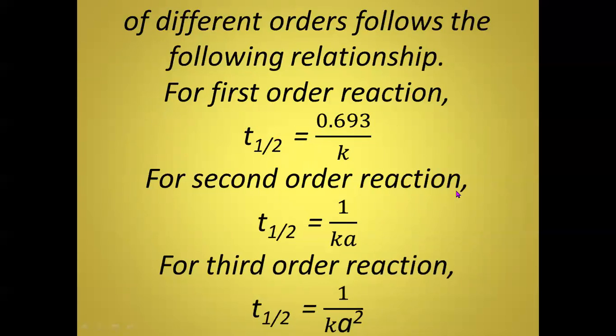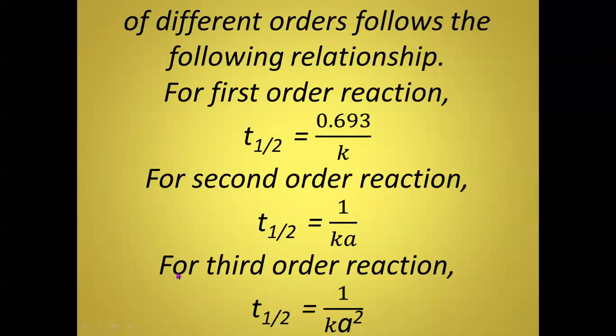For second order type reaction, T half is equal to 1 by Ka. Or when we remove this constant, we will have a proportionality: T half proportional to 1 by A. That means the half-life period is inversely proportional to the initial concentration of the reactant. If it is the case, then it is called a second order reaction.